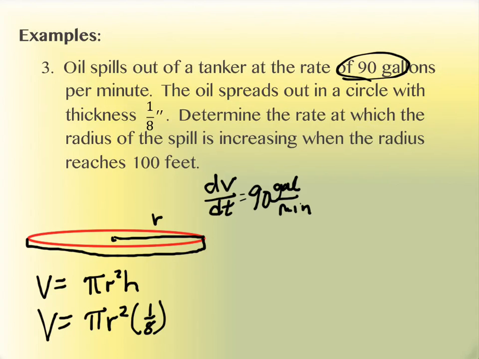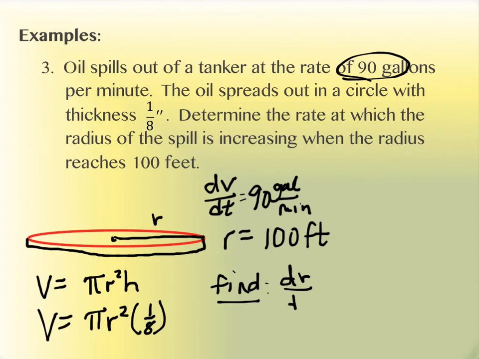And then Taylor, you mentioned I actually know the radius at the specific point in time, which is the 100 feet. And we are looking for, right, we need to find dr/dt. Now, there is an innate problem in this problem. Do you see the problem?